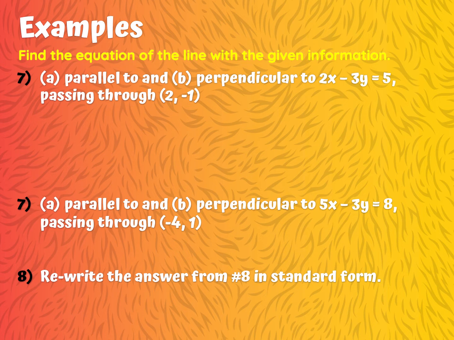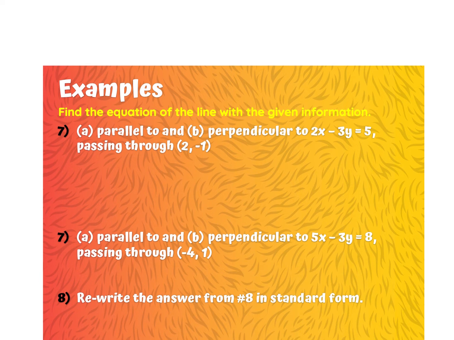Now, a little trick, whenever your equation is in standard form like this, and this is only for standard form, another way to figure out what the slope is you could do negative a, or opposite of a, over b. And that's how you could pull the slope out of that.